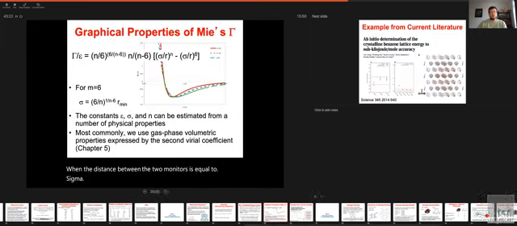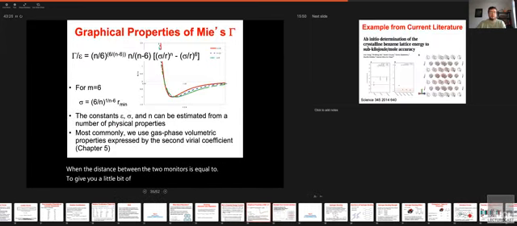To give you a little bit of a feeling of what happens when you change the parameters n and m, here I kept m equal to 6, to reflect the long distance attractions between the molecules that reflect these dispersion forces. But the n that reflects the short distance repulsion, I changed from 18 down to 9.